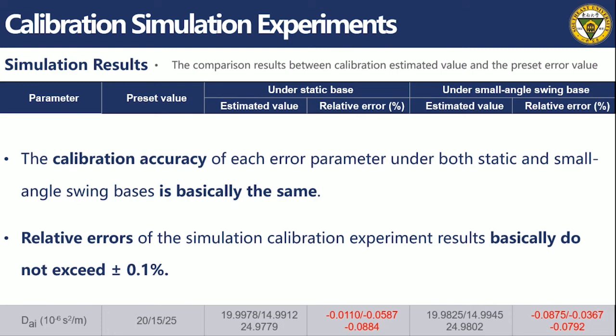The relative errors of simulation calibration experiment results basically don't exceed plus or minus 0.1%. The systematic calibration method introduced in this essay has high calibration accuracy.